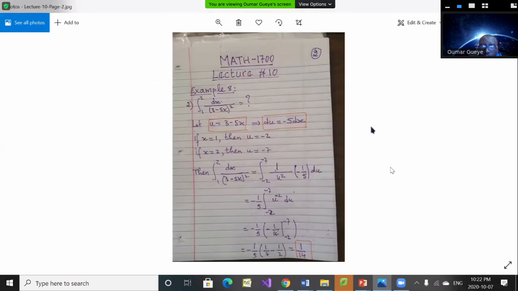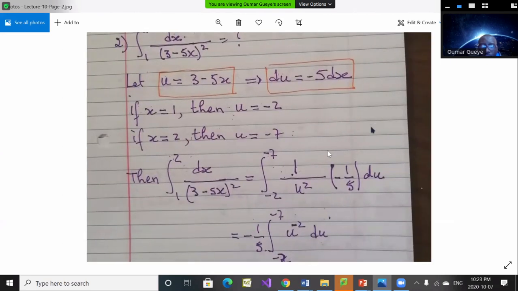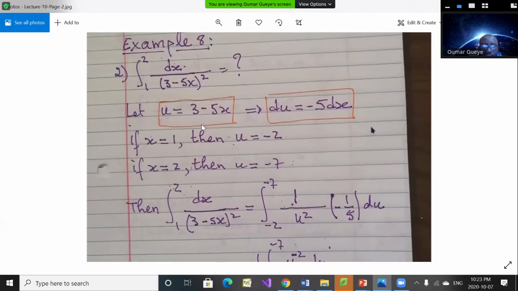As I said, we set u equal to 3 minus 5x, and du equals minus 5 dx, and you find the new interval. If x is taking values between 1 and 2, at the same time u is taking values from -2 to -7.